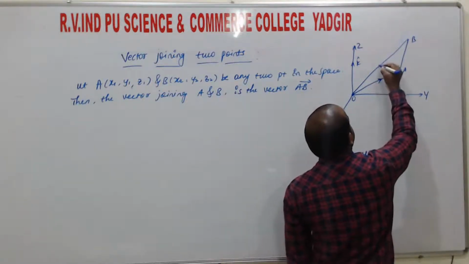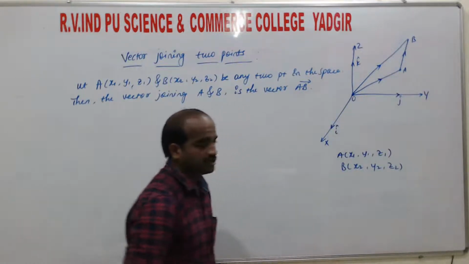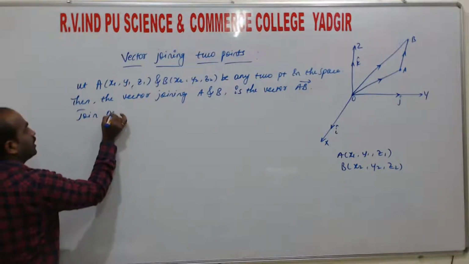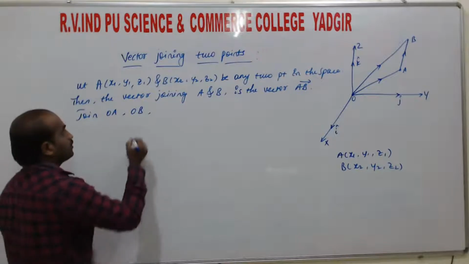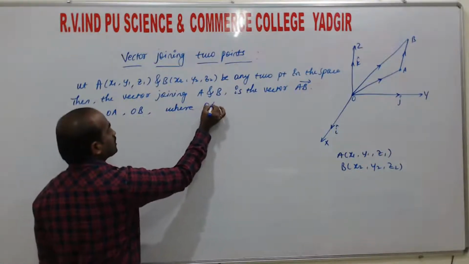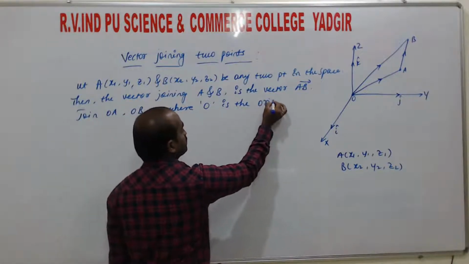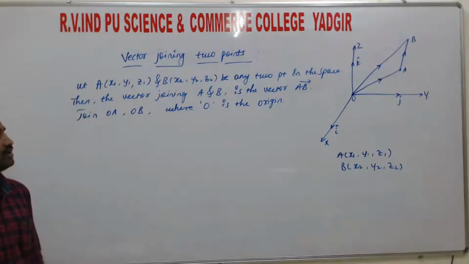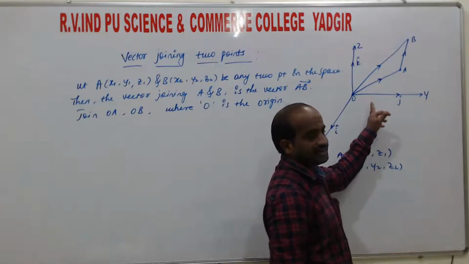Then we have OA vector, OB vector, AB vector. Join OA, OB, where O is the origin.